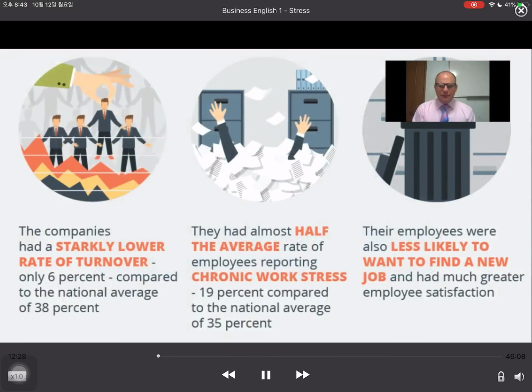Again, I flicked through them really quick here because I don't want to dwell too much on them. I want you guys to think of your own ideas, but they're all in the PPT, and you can look through them at a slower pace and really maybe write some of them down. If you're going to do the writing assignment for stress, there's a lot of great statistics in there for you to find out, and the benefits of companies actively trying to reduce stress. So have a look at those in the PPT.